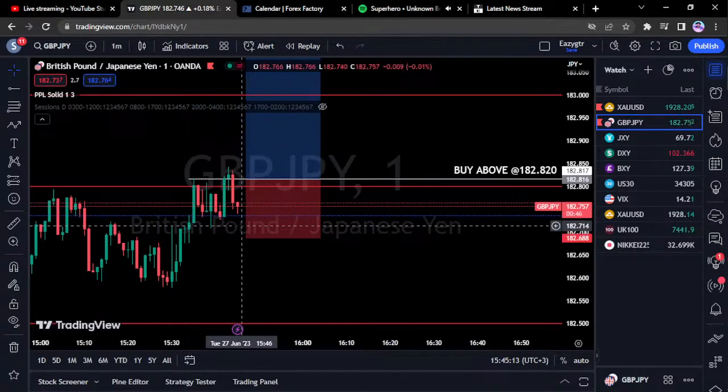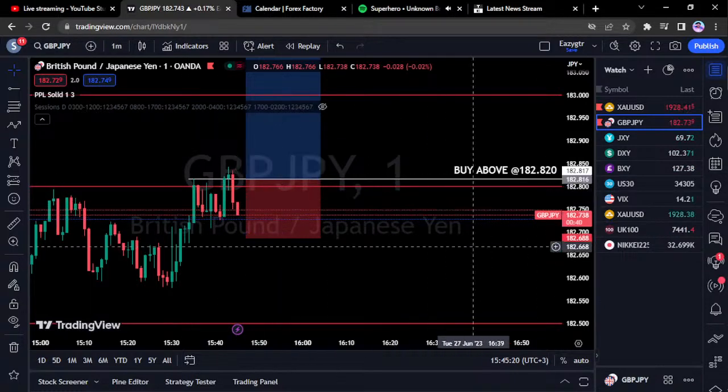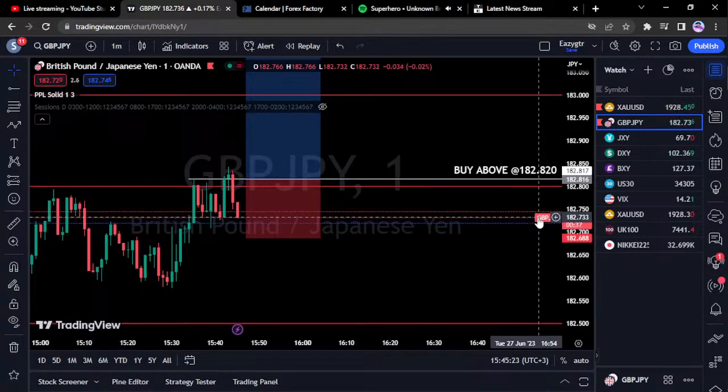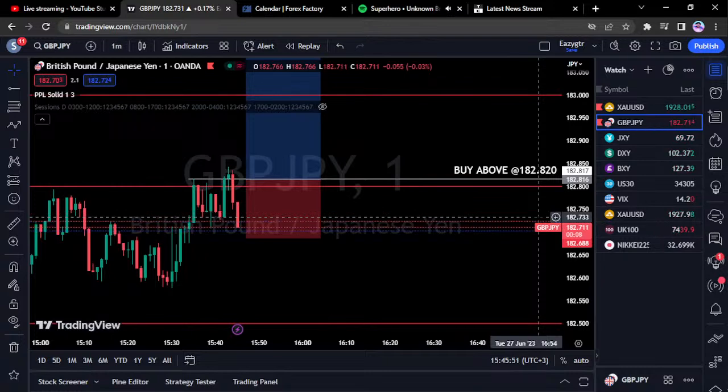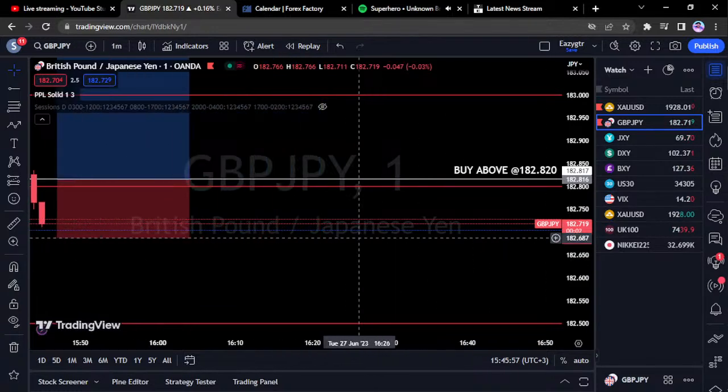No need to lose the whole position trying to hope for price to reverse in your favor. So price is moving towards our stop loss. I'm not yet stopped out.